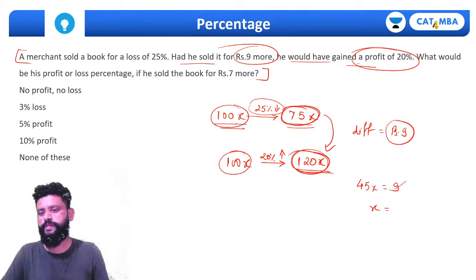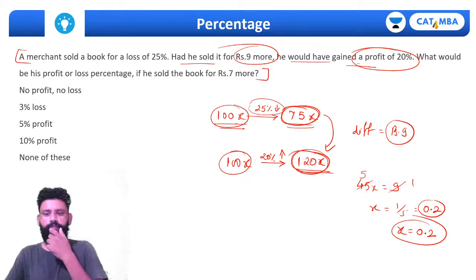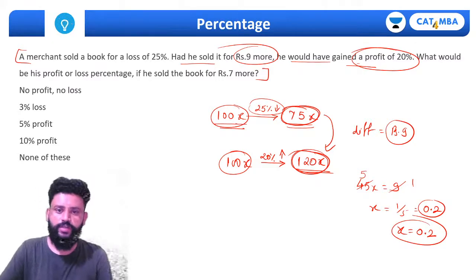So x must be 9 divided by 45, which is 1/5, or you can say it is 0.2. We got x as 0.2. So his cost price was 100x.